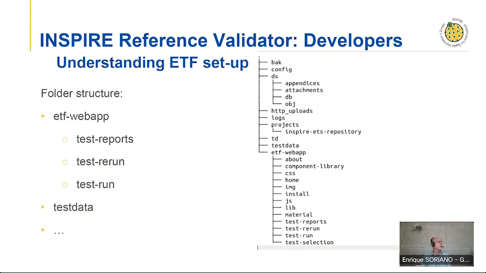These components follow a determined folder structure, and we wanted to highlight the main places that you need to look into in order to understand what is run and what is produced by the source code.